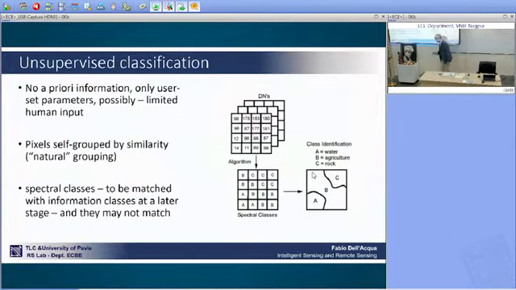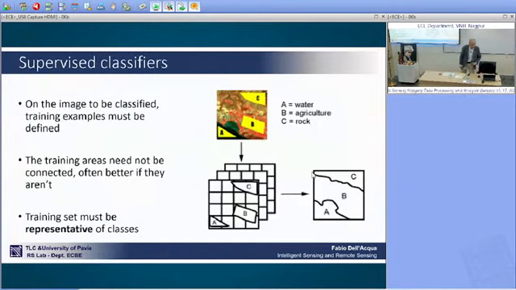So the advantage is that this classification will never try to separate classes that are not separable. Okay, so if you use supervised classification and you teach your classifier to distinguish two information classes that are actually not separable because they correspond to the same spectral class, you will get random results.